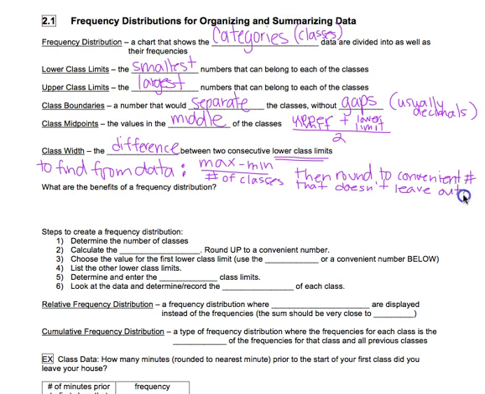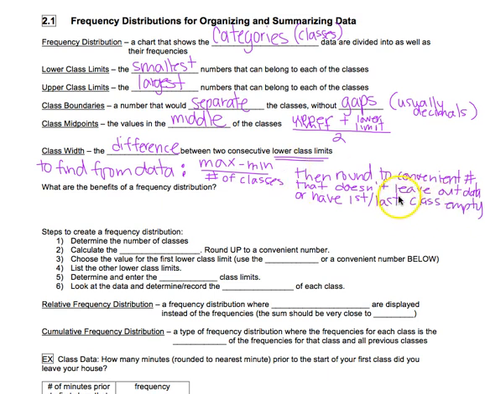So when you do max minus min divided by number of classes, let's say you get 9.5. Well, if you round up and make it 10, if that's going to leave out any data or cause you to either start or end with an empty class, first or last class empty, then you need to choose something else to round to.